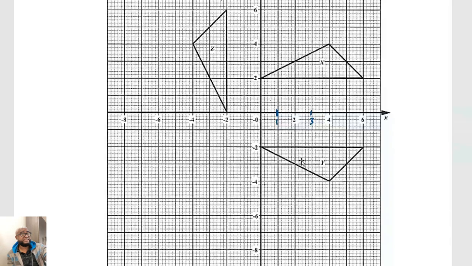The x-axis. But what is the equation of the x-axis? Anybody know? The equation of the x-axis is exactly what Zaria is saying: y is equal to 0. This line here is actually y is equal to 0.